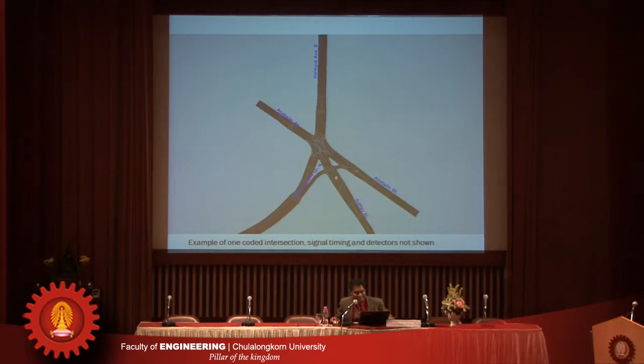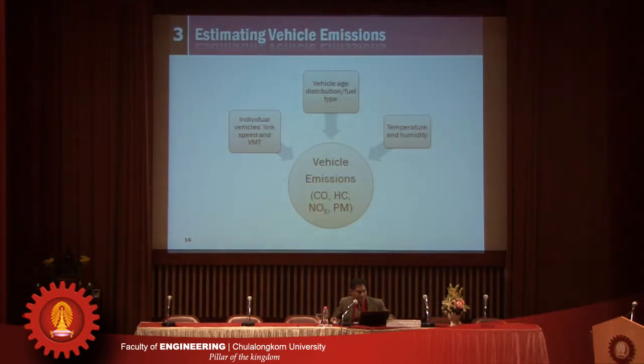Where are the detectors placed? What are the signal timings? It takes a tremendous amount of time. Maybe every intersection might take you an hour or two to code up. So you're talking about 2,000, 3,000, 4,000 hours of work to set up the signal details of a network. Is it worth it? It turns out it is. It's work that is well worth spending.